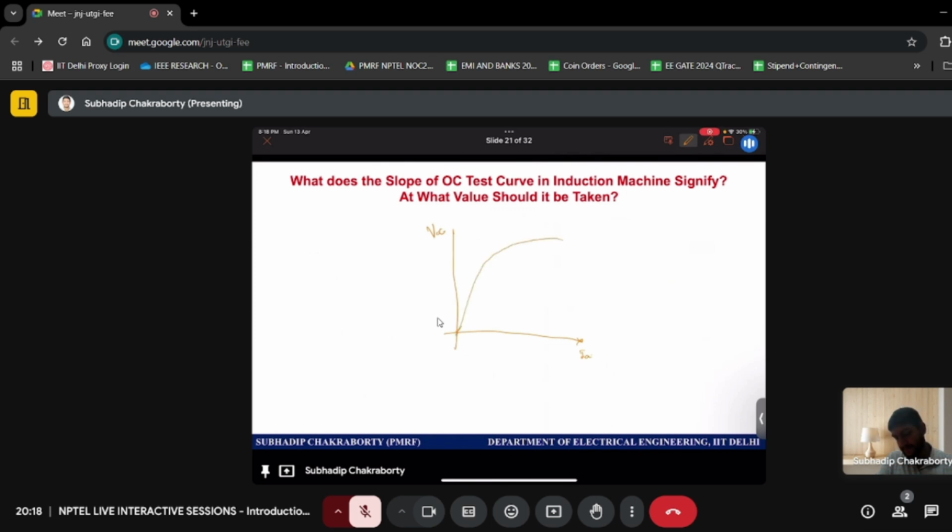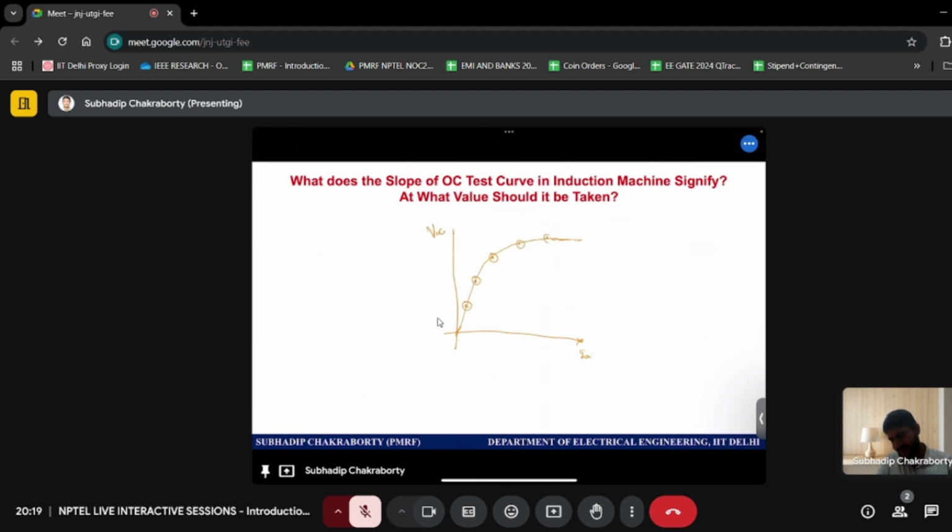Like this, a curve will come, you plot the points, and you take more points here to build this kind of slope, and this is the V rated at which you get the rated no load current.